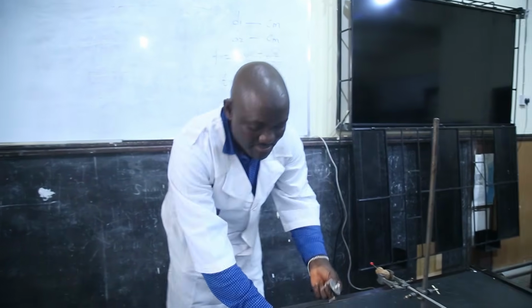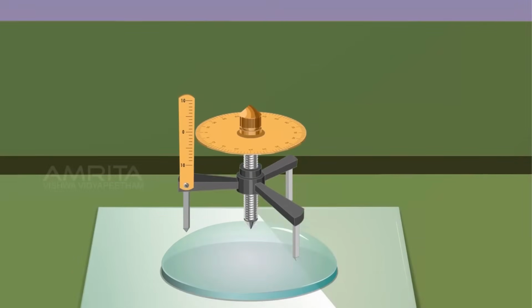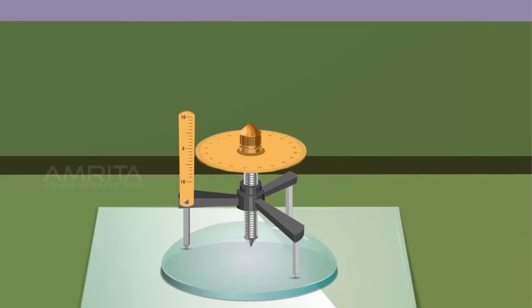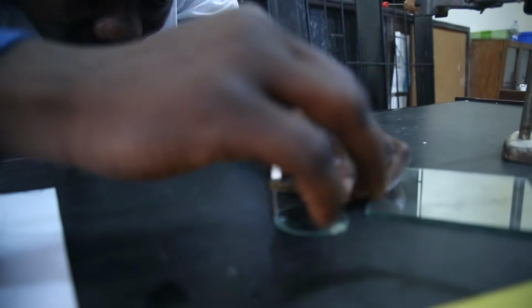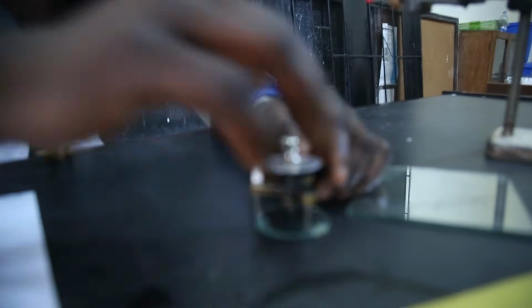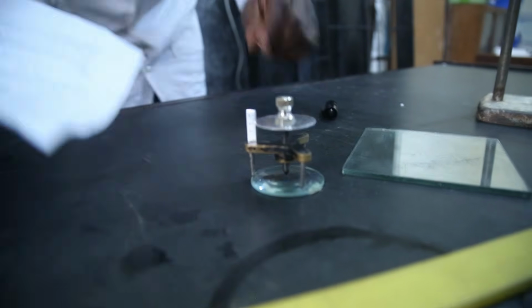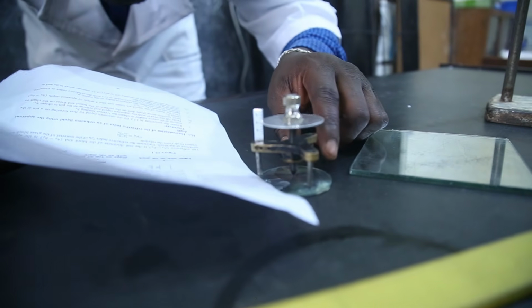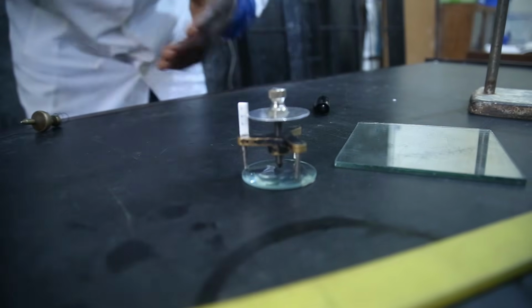Then you do the same for the lens as well, by ensuring that the 4 legs touch the surface of the convex lens, and you equally check whether the paper goes through any of the legs.